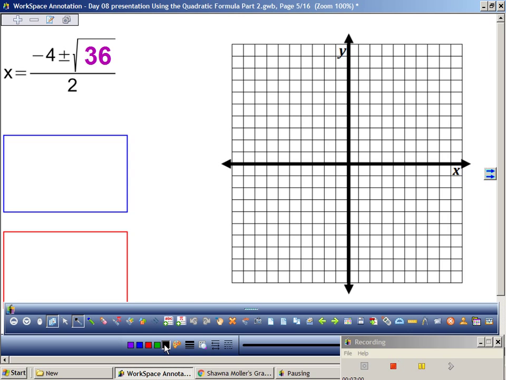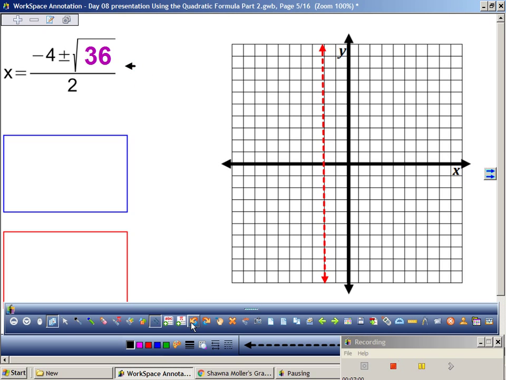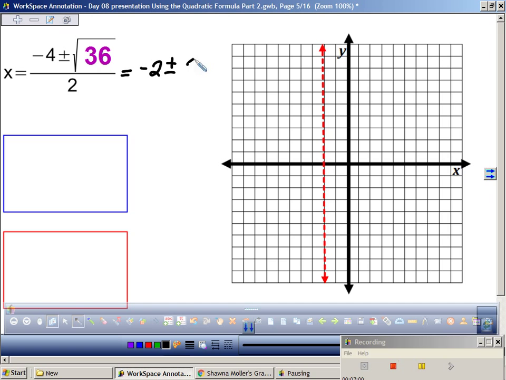Okay, so I already know that my axis of symmetry, because I've done it on all of them, is -2. And then in your heads, you should have been able to say, -2 plus or minus the square root of 36 is 6, and 6 divided by 2 is 3.